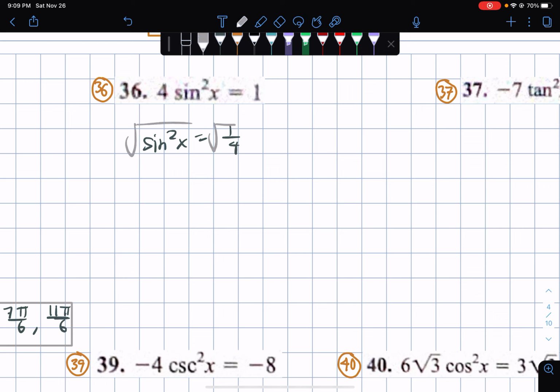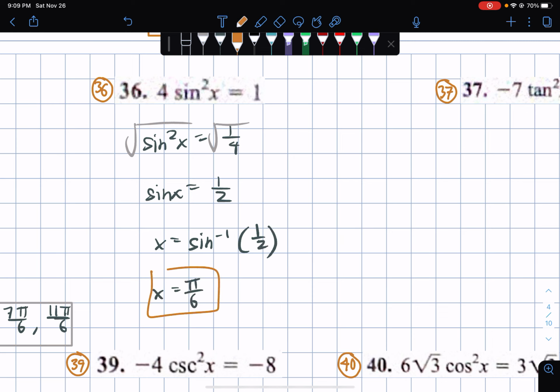If you want to eliminate the square of sine x, we would have to, on both sides, install a square root sign. So we eventually have something like this. X is equal to pi over 6.